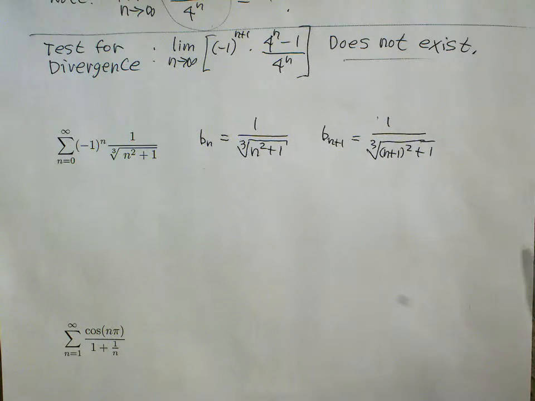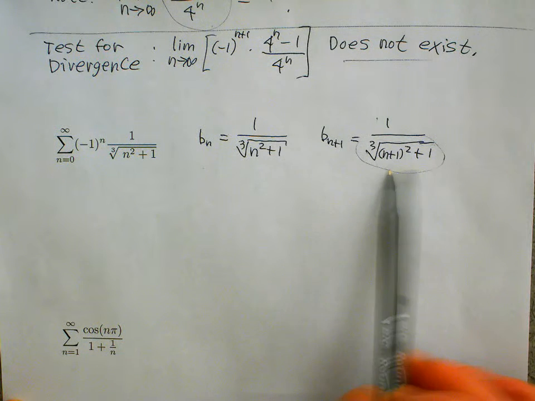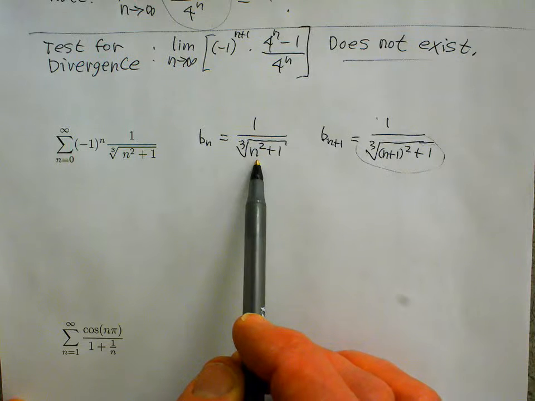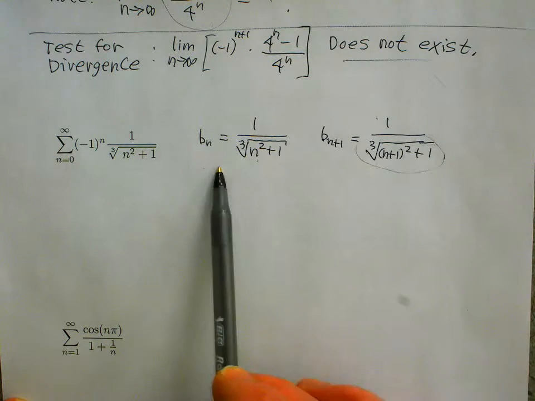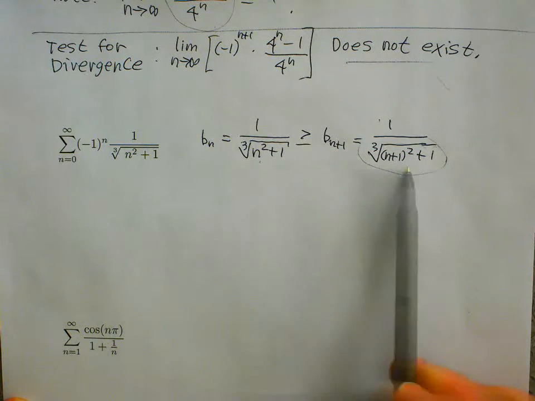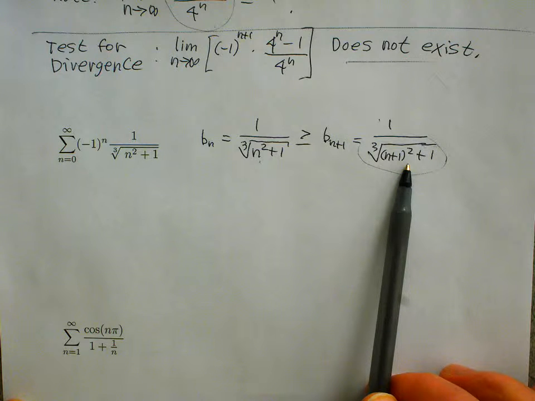So it's pretty clear that this denominator, the cubed root of n plus 1 squared plus 1, is bigger than this one. So that must mean that this term is smaller than that one. So it satisfies the first condition of the alternating series test.